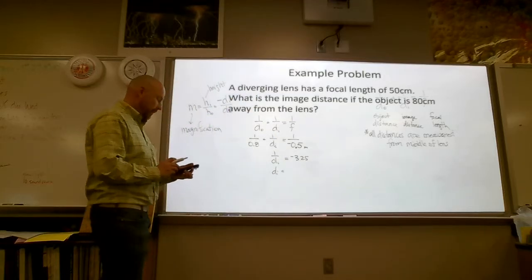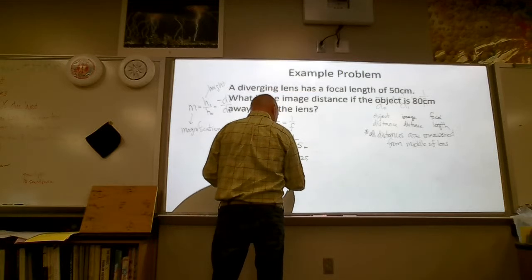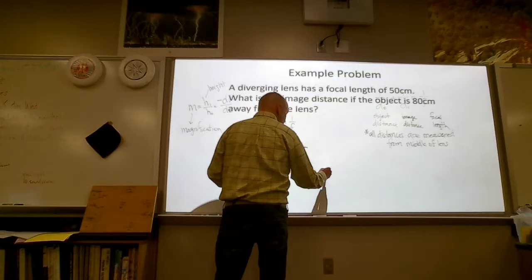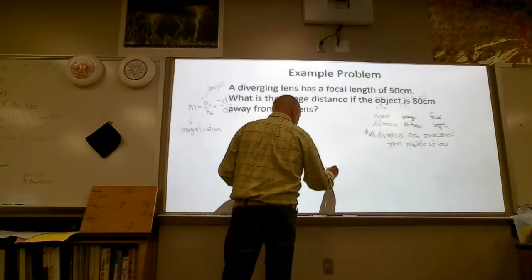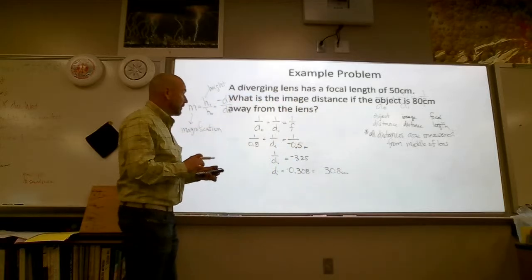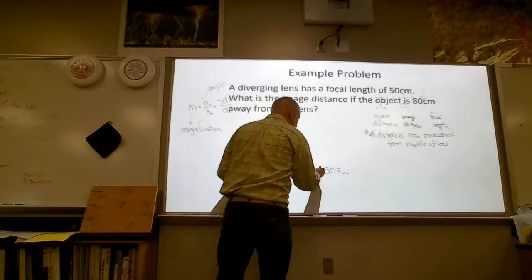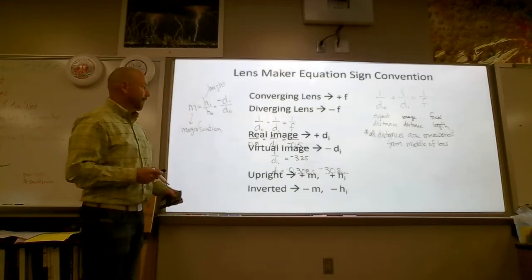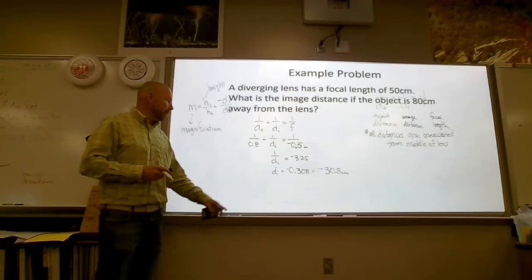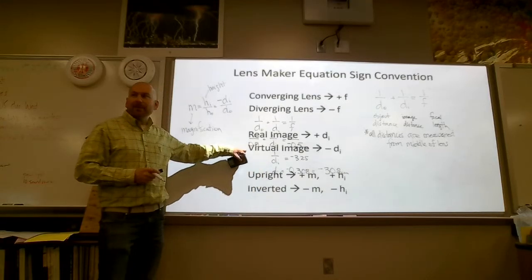Hit that button again. I find that to be negative 0.308, so negative 30.8 centimeters. And the fact that it is negative means what? Your image distance is negative. What does that mean? It's a virtual image.